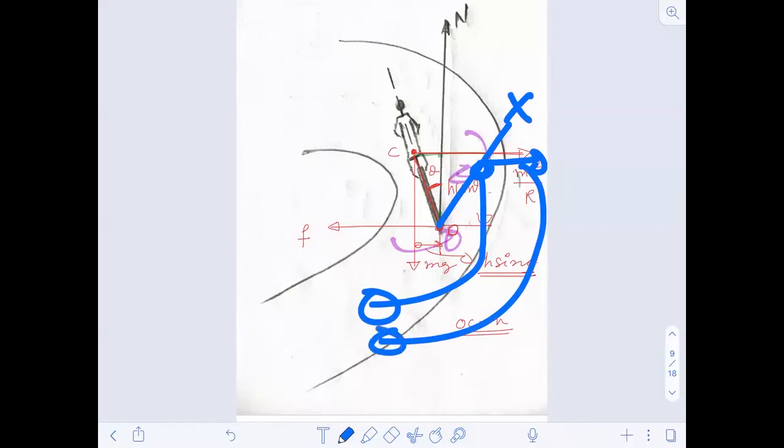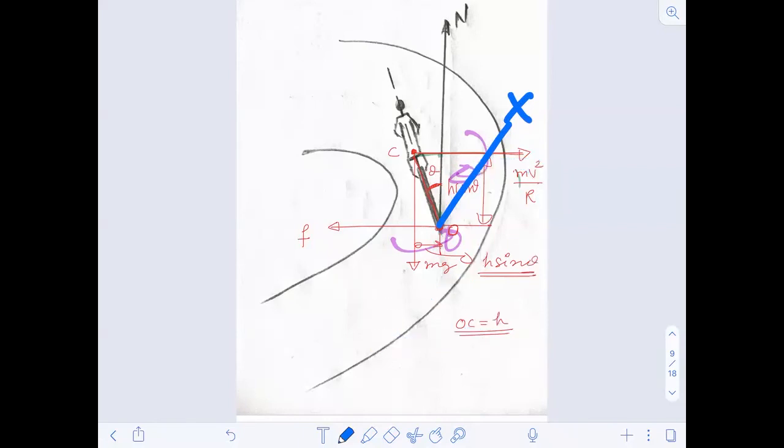So it will never be stable. The person will always fall. So a person has to tilt only inwards. It can never tilt outwards. If anyone is confused about why the person is tilting only inwards, this is the reason. If he is tilting outward, then that person will fall, because of the moment at O.